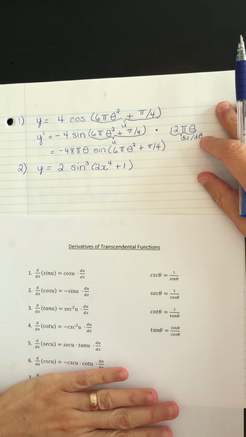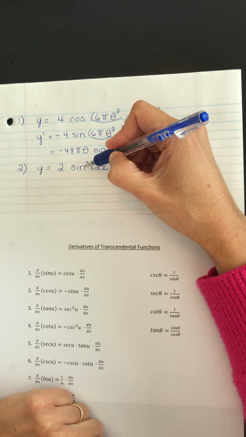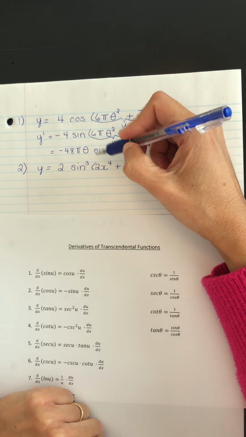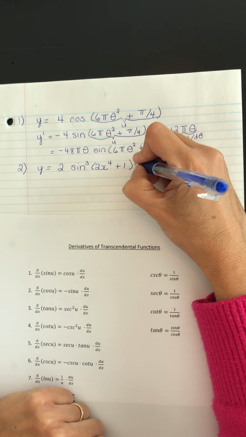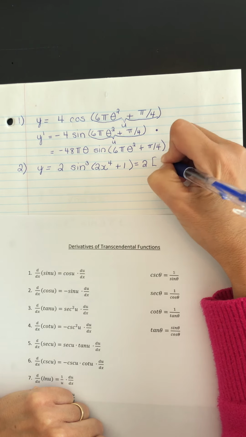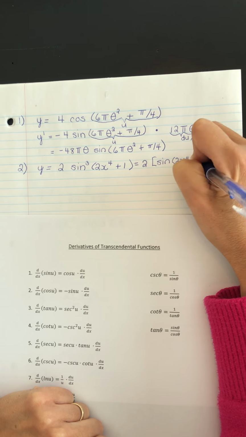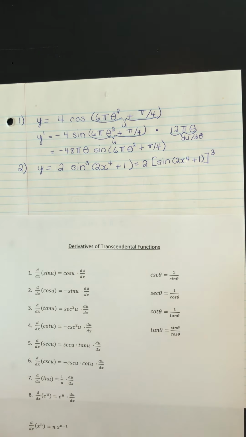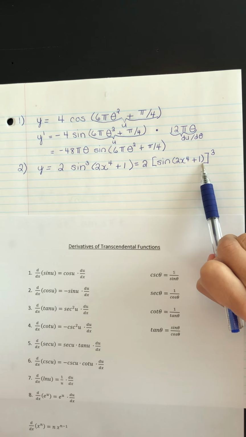Now, in question 2, you can see we have this exponent placed here, sine cubed of 2x to the 4 plus 1. You need to know that that means the entire sine function is cubed. So we have 2 times the cube of the sine function.